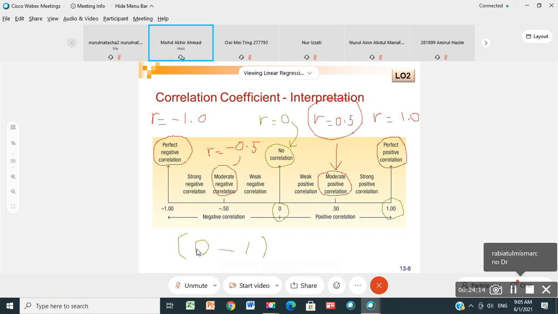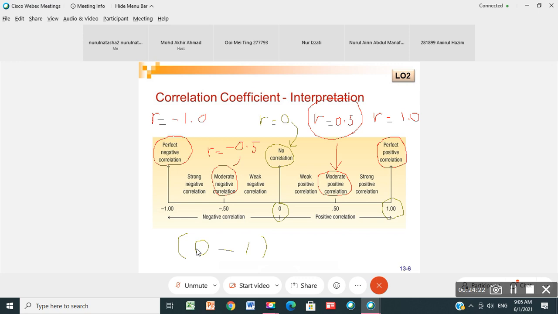Boleh saya tanya Siti Nurul Fasihah, faham ke? Ya, doktor. Faham. Sorry, doktor. Hujan tak dengar. Okay. Okay, next slide.